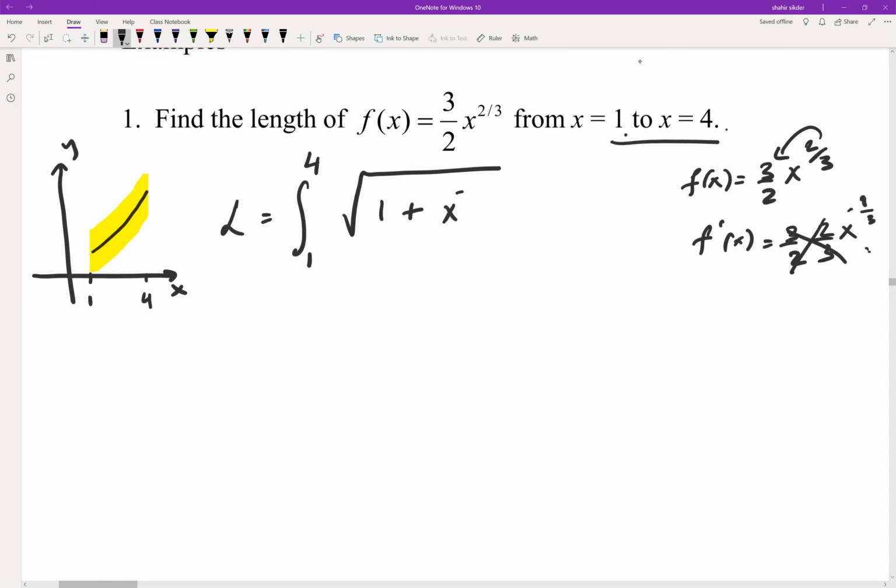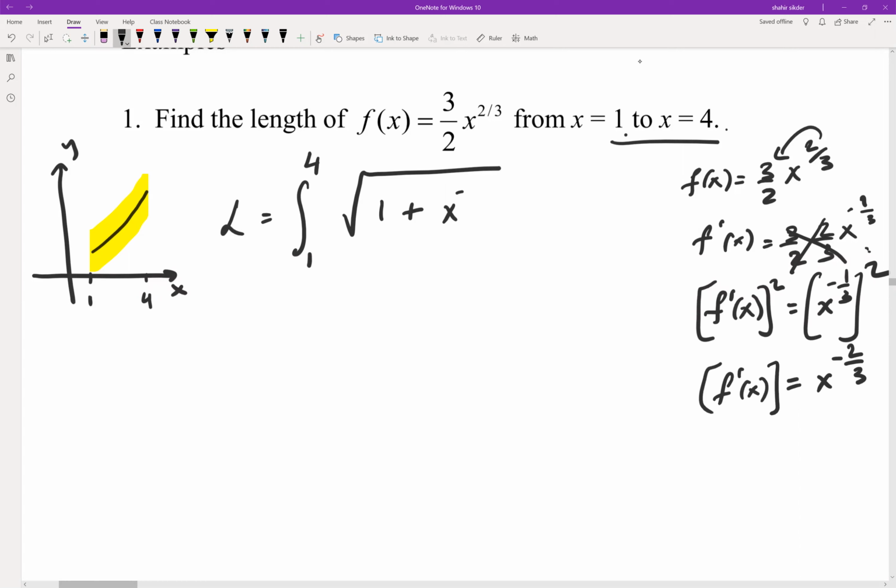So f prime of x, if I square that, I would have x to the negative 1/3 getting squared. That would be x to the negative 2/3. So I did all my side work here so that I don't make the problem complicated.